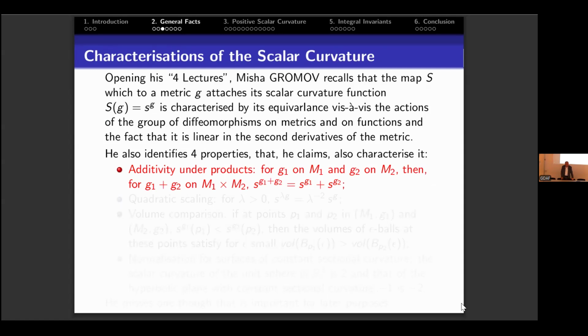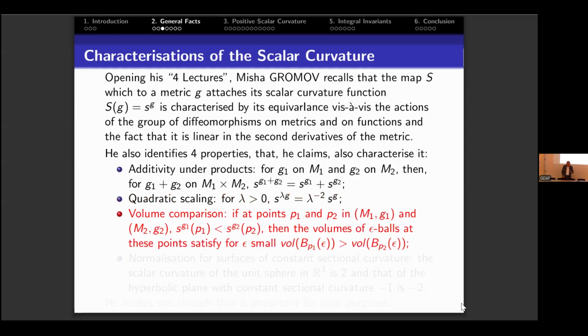If you take 2 manifolds, a metric on one and a metric on the other one, and on the product manifold you add up the 2 metrics, then the scalar curvature should be the sum of the two scalar curvatures. That's one. Then there is a scaling. If you look at the scalar curvature of a metric multiplied by a positive factor, then you get the factor to the -2 times the scalar curvature. So it's some kind of homogeneity property.